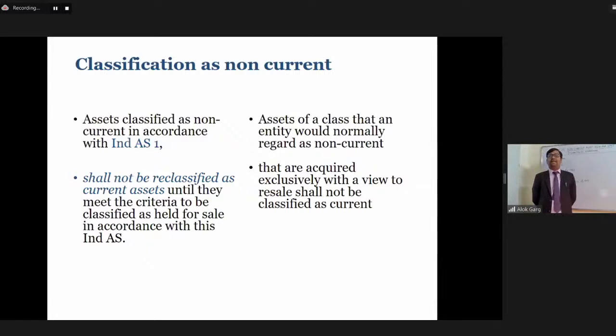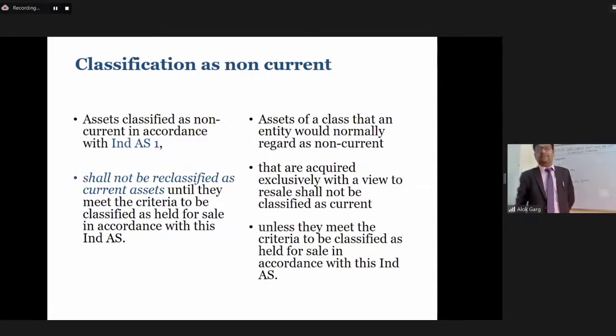For example, a company has acquired a building and the intent of the company is to resell that building. Even though it is acquired exclusively with a view to resell, it shall not be classified as a current item unless it meets the criteria to be classified as held for sale.